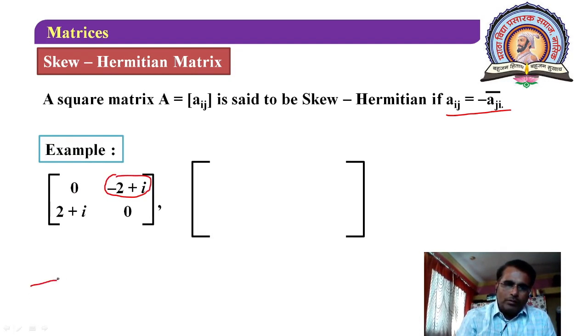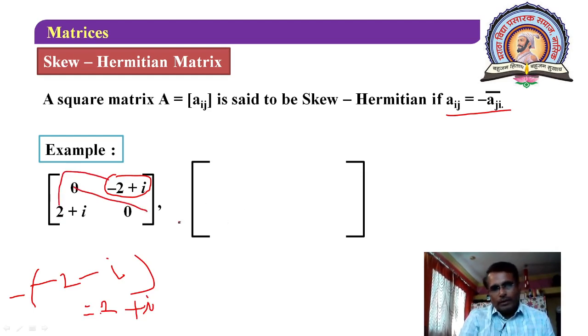The conjugate of this is minus 2 minus i. And what is the negative of this? The negative of this is 2 plus i, and you will observe that this is your diagonal, and the negative of the conjugate you are getting at the transpose position, and that is why it is called Skew-Hermitian.